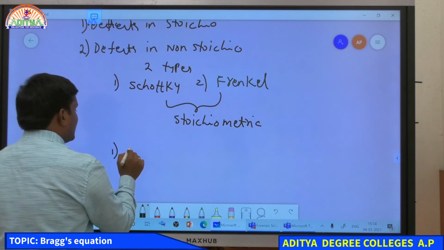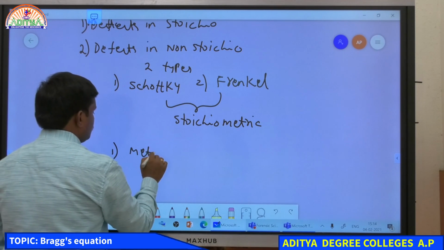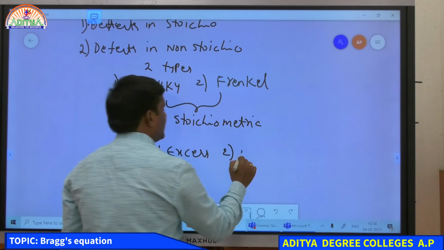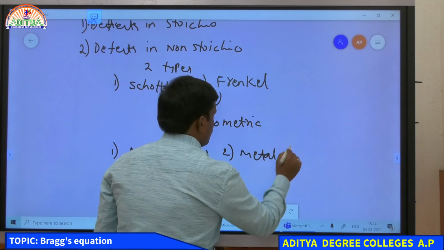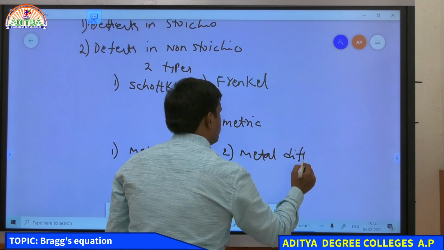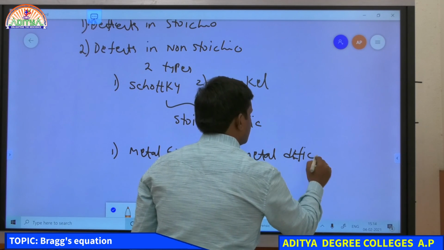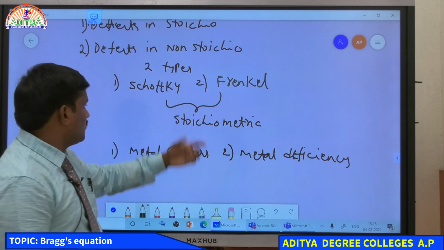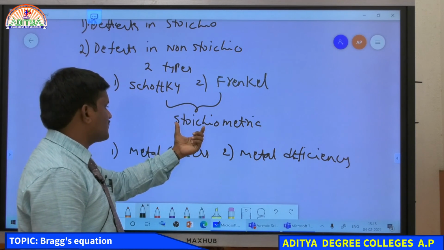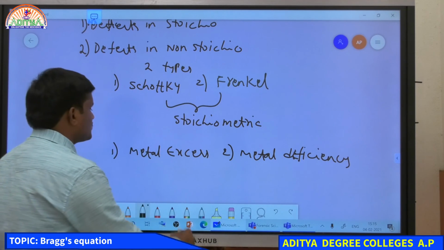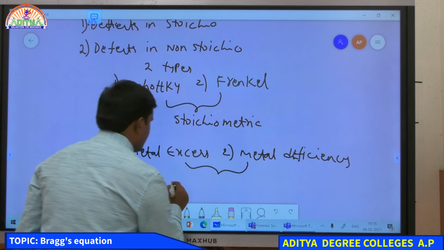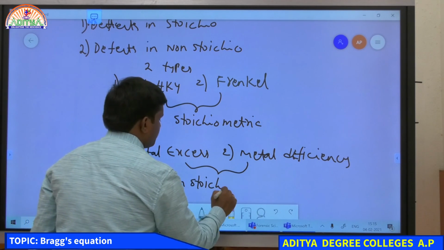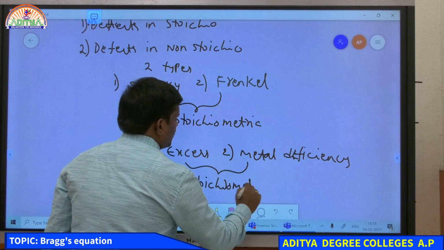These are metal excess defect, and the second one is metal deficiency defect. So these are the four types of defects. The first two defects are observed in stoichiometric compounds, whereas the other two are observed in non-stoichiometric compounds. So this is a very important question.